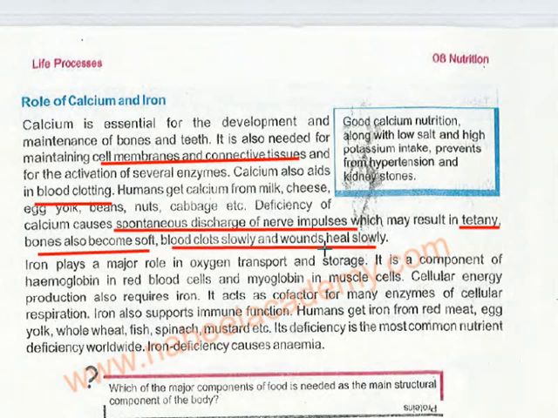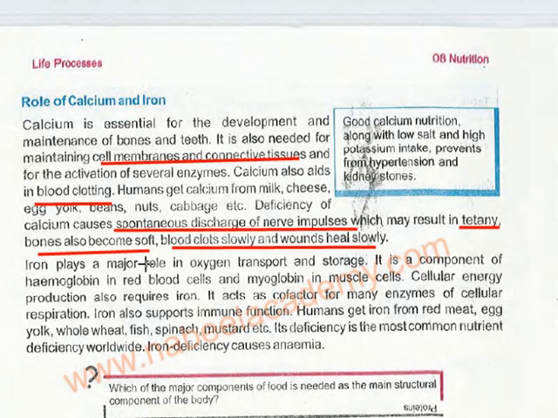So if we have more calcium intake, low salt intake and high potassium intake, it prevents hypertension, which means high blood pressure, and kidney stones.